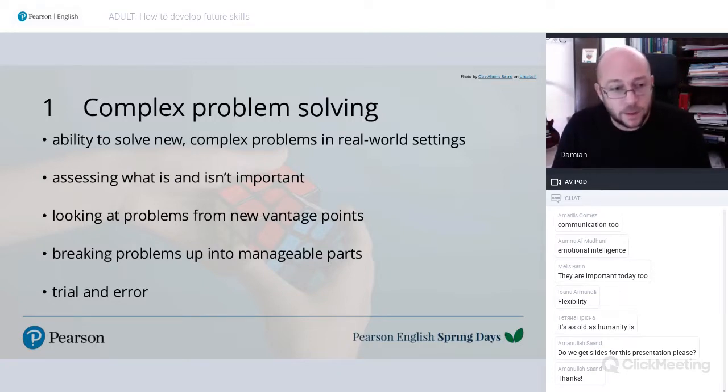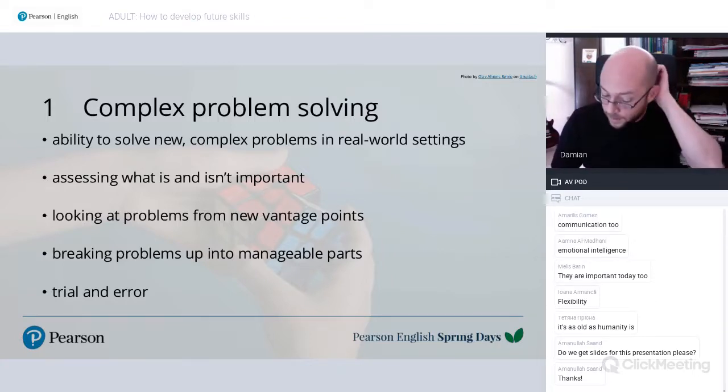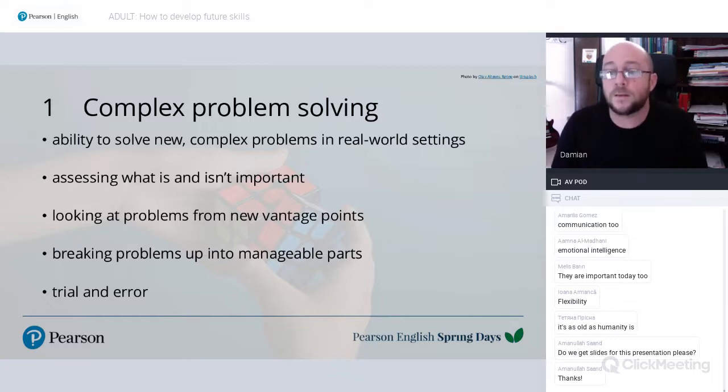This also involves looking at problems from new vantage points, from different perspectives, considering different effects of the problem, which then helps us look at different approaches to solving problems. It also involves breaking problems up into manageable parts to make them less daunting and easier to find solutions to.